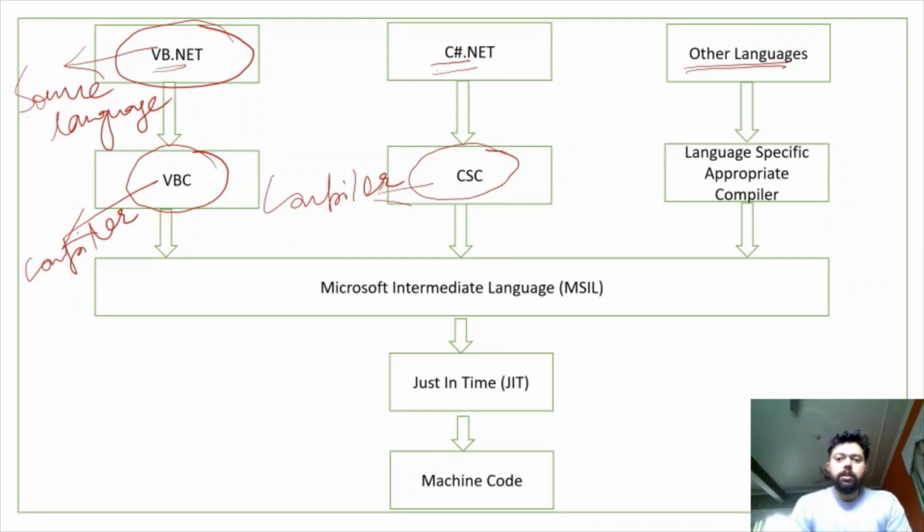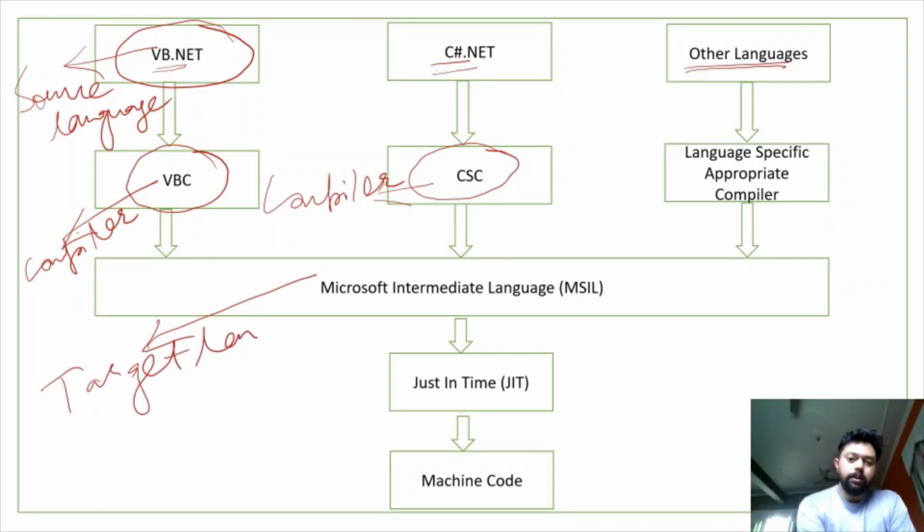The other language that the compiler knows is the target language. If we compile a particular language with a compiler, it will convert it into MSIL, Microsoft Intermediate Language. So here MSIL is the target language.